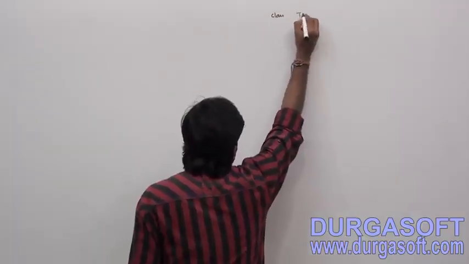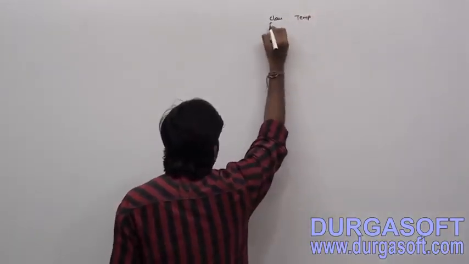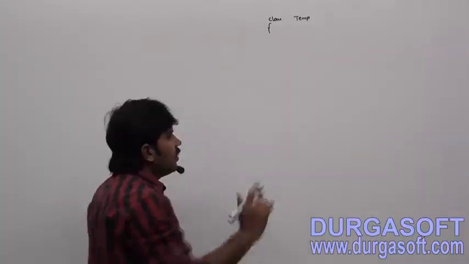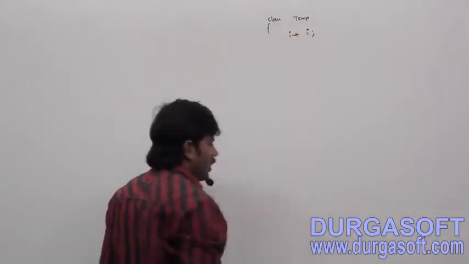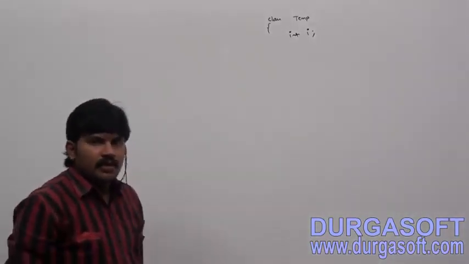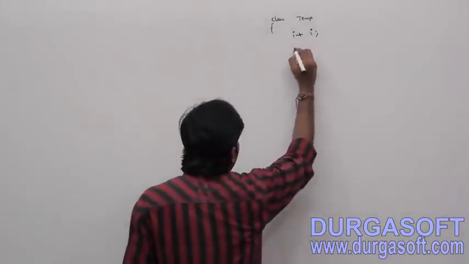Here I am taking class Temp. Under this Temp class there is one instance variable i. What type is i? Int type, right?